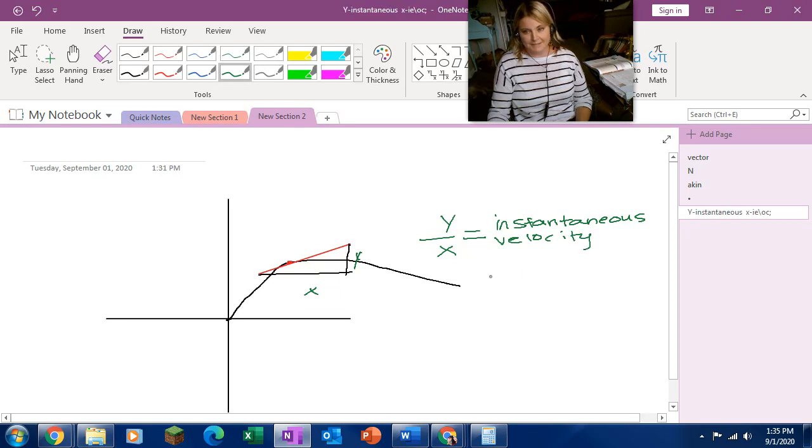Okay, makes sense? So if we want to find the velocity at one point along that curve, we have to draw a line tangential to the curve going through that point and take the slope. That's the instantaneous velocity.